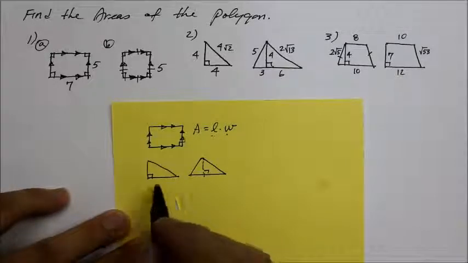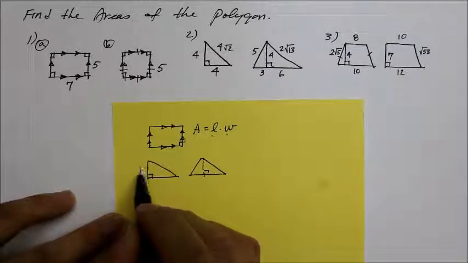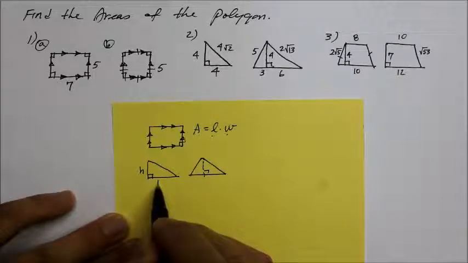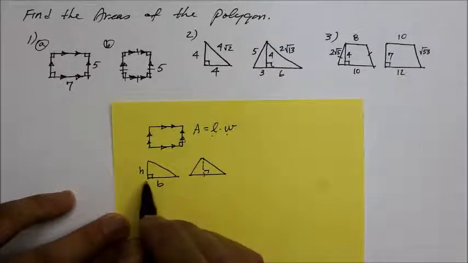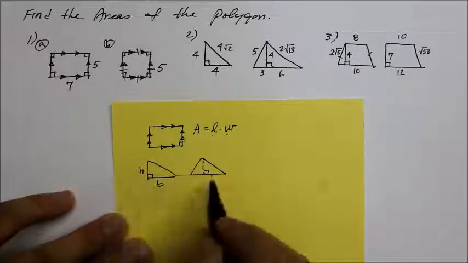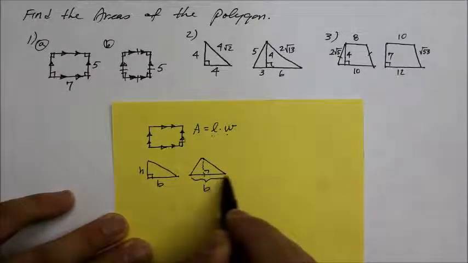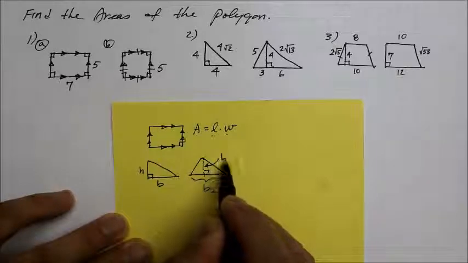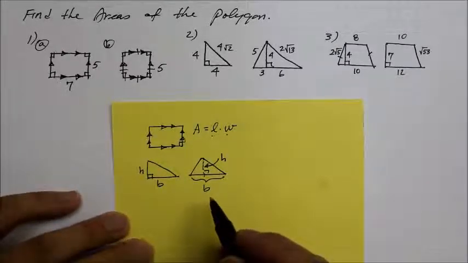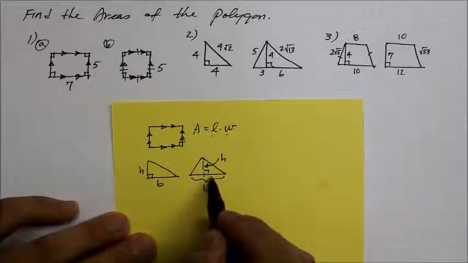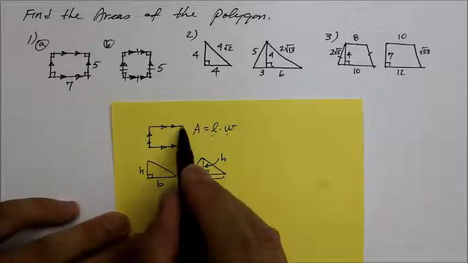So only thing you're looking for is the height and the base. So it's base times the height, or the entire base times the height. It's always the base times the height. And then a triangle is, if you notice, half of a quadrilateral.